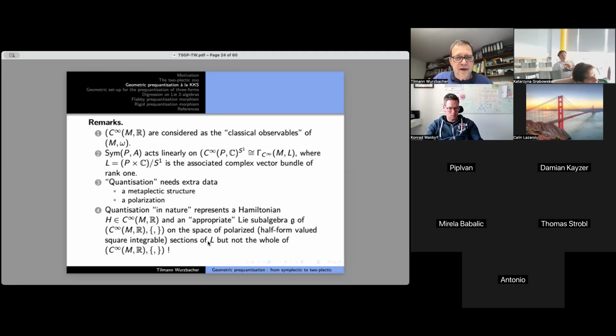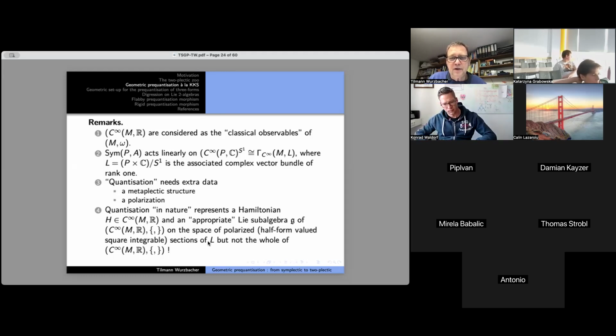Okay, but then another remark. As I understand from physicists, when they do quantization, they do not try to represent all functions on the quantizing space. In fact, they typically have a Hamiltonian, and they have some subalgebra of the functions, which might be functions which commute with H, but not always.